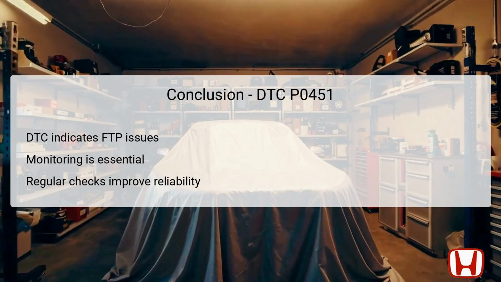Regular monitoring and timely diagnostics become essential in preventing permanent damage or costly repairs. Following thorough troubleshooting steps can lead to identifying and rectifying sensor issues effectively. Lastly, implementing preventive maintenance will enhance the overall reliability and performance of your Honda Accord, ensuring compliance with emission standards and a satisfactory driving experience.